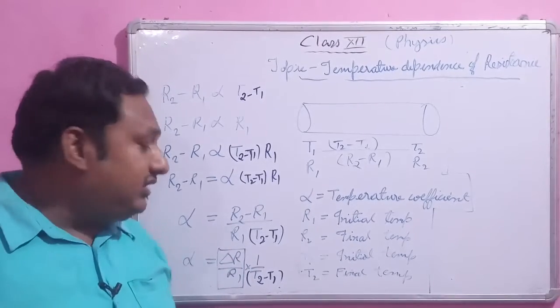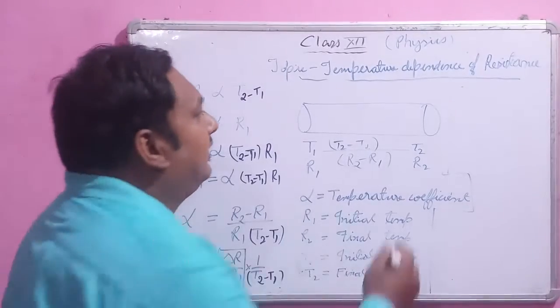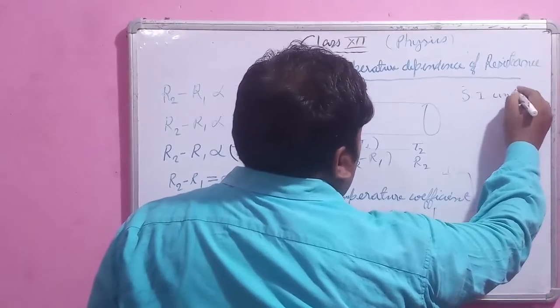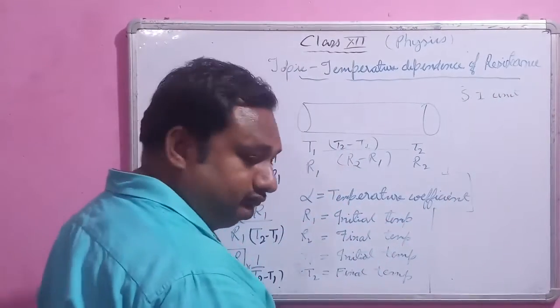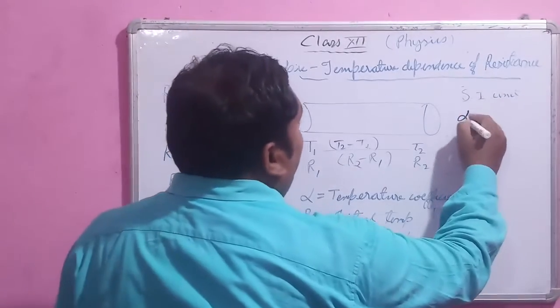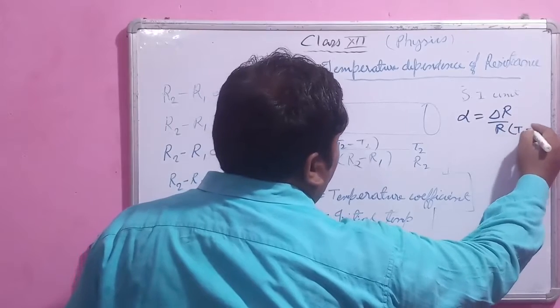Now we will be talking about the dimension of alpha. What is the SI unit? So for the SI unit we have to see: alpha equals del R upon R into (T2 minus T1).